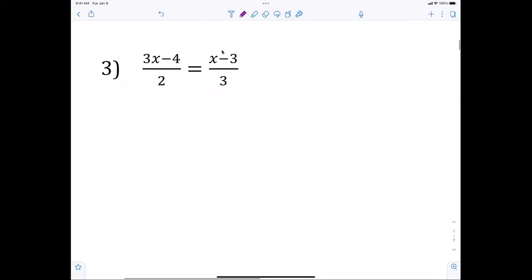All right. Here, does anybody remember what we call this? We call this a what? Proportion. Do you remember how to solve a proportion? You have to, what do I do? Cancel out the, solve it first.